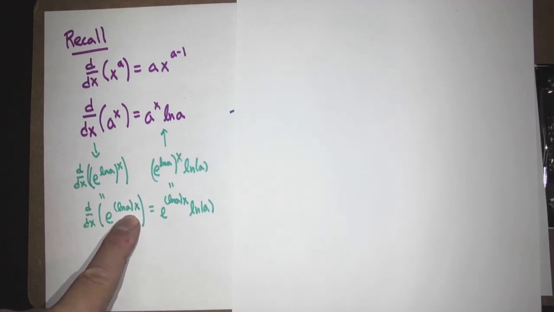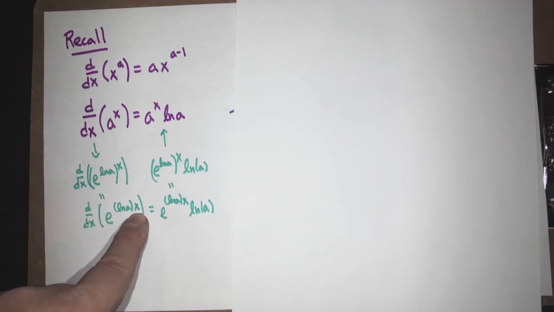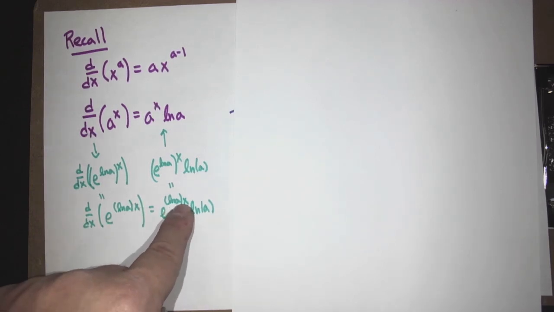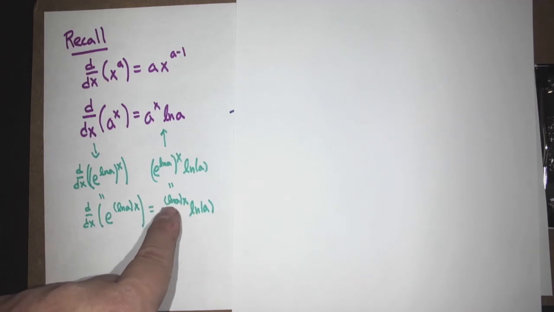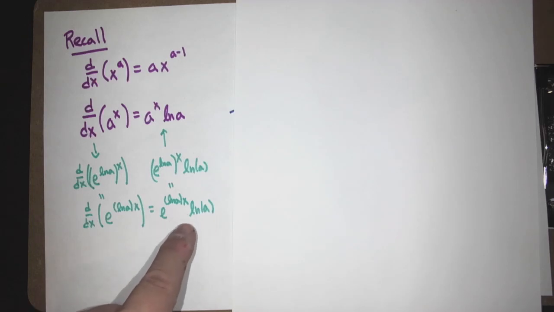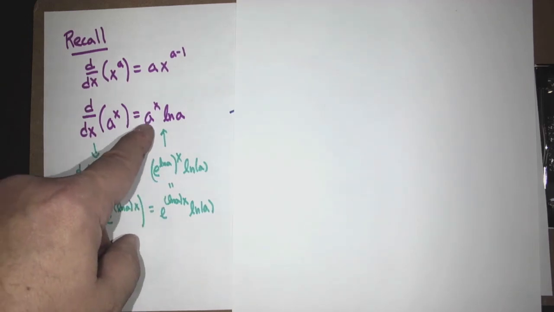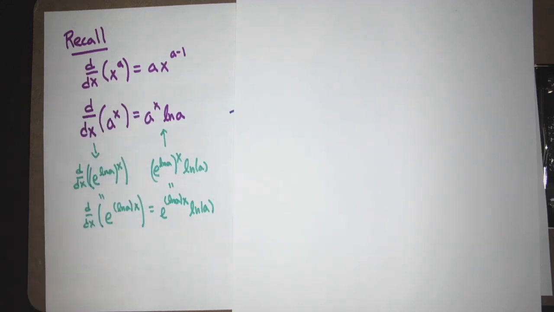Just think of it like a number, like 5 or 2. So now I have e to a number times x. Chain rule says it's e to that number times x, and then take the derivative of that, bring the number down. So that's how the log a comes down. And then let's just reverse what we did previously. So this is really e to the log a to the x, which is a to the x log of a. All right, so this is just recall.